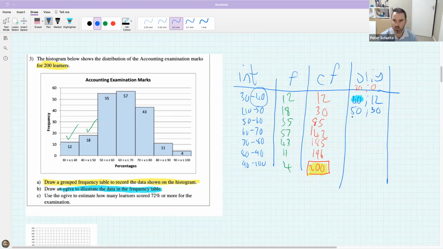And the next one would be 60, 85. I want you guys to fill out the next 3 points for me to make sure you can generate those points all by yourself, looking at the grouped data table. So just tell me done when you've worked out these 3 values.